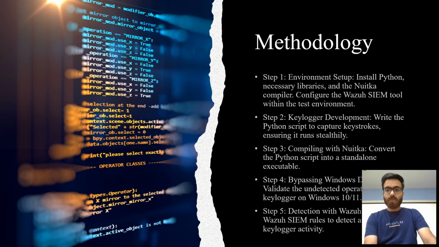Once the keylogger script was ready, we compiled it into a standalone executable using NMPT, which helps in hiding the script from antivirus programs. After compiling, we tested the keylogger to ensure it bypassed Windows Defender on both Windows 10 and 11. Finally, we integrated the Wazuh SIEM tool to detect the keylogger's activity, setting up rules that trigger an alert whenever suspicious behavior is observed.